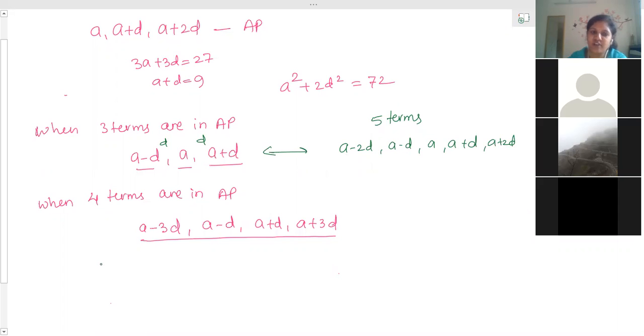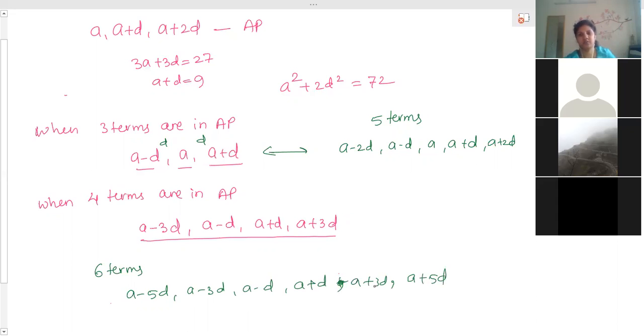For 6 terms it is not needed, but for your information: A minus 5D, A minus 3D, A minus D, A plus D, A plus 3D, and A plus 5D. These are the 6 terms. Is that clear? Yes, ma'am. Okay, so write that down first and then we'll solve the questions.